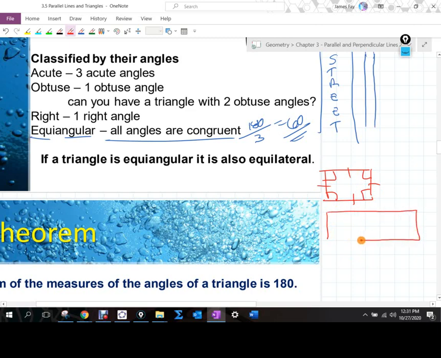A rectangle. So not all shapes are both equilateral and equiangular. If it's equiangular, it doesn't imply that it always has to be equilateral. Does that make sense? Okay.